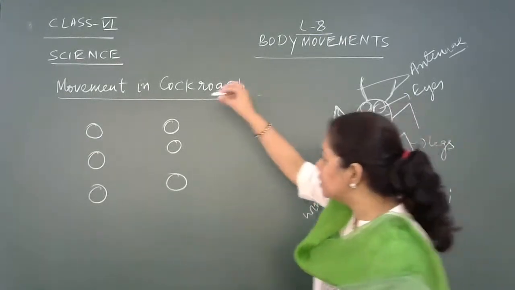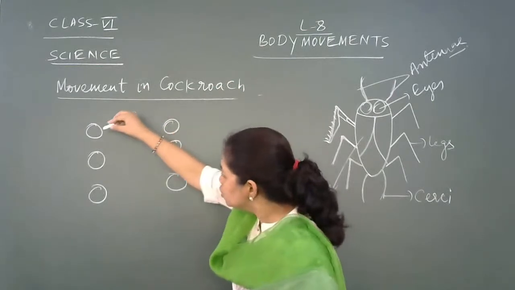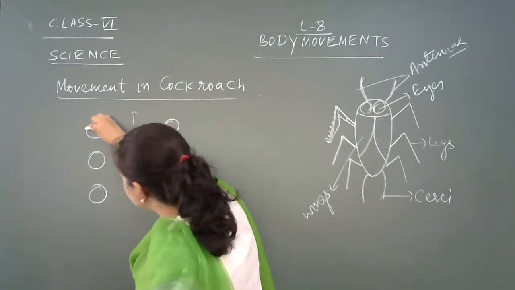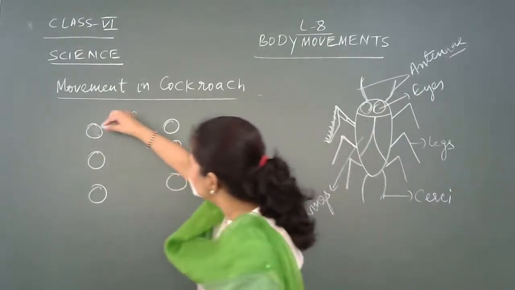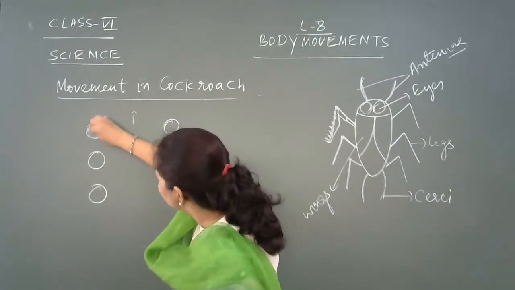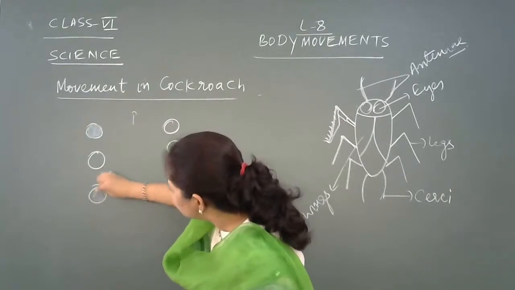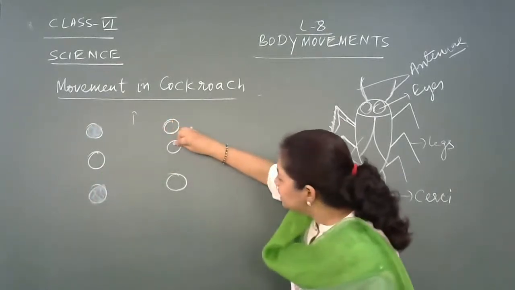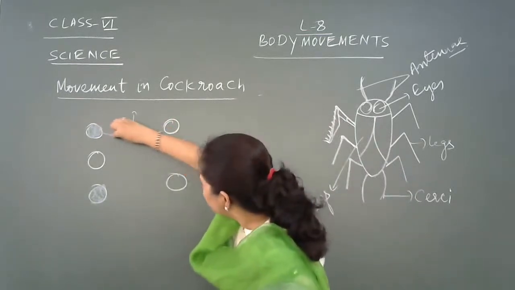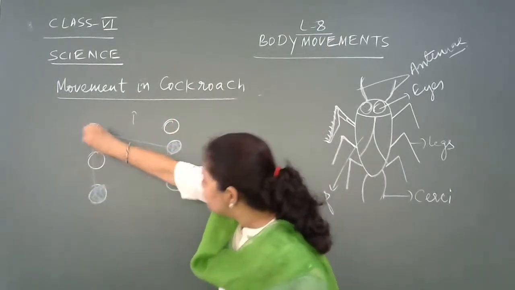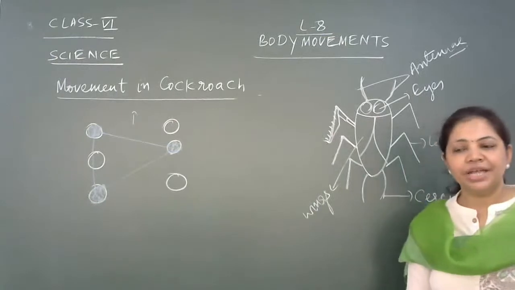Say, for example, let me use another color chalk so that you can understand clearly. This first leg, then the third leg of the same side, and the middle leg of the other side. You just see a triangular structure has formed, right?